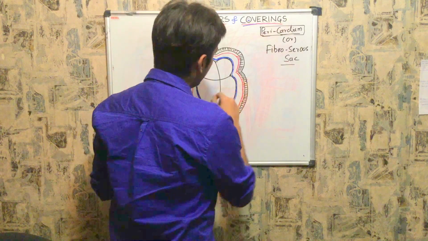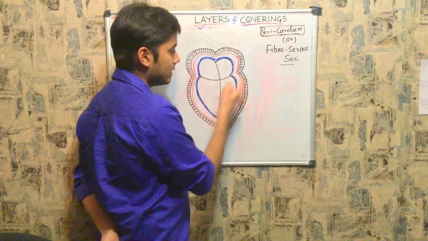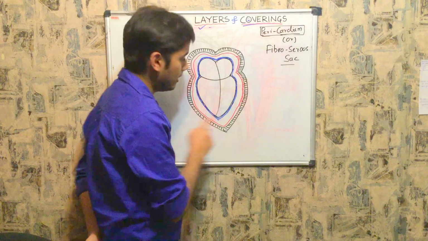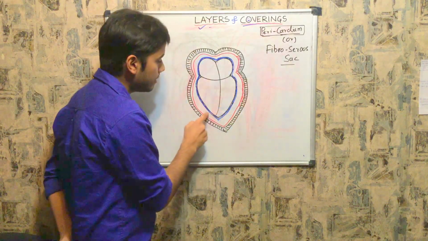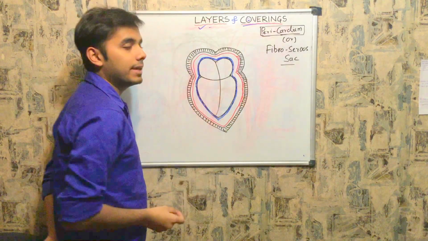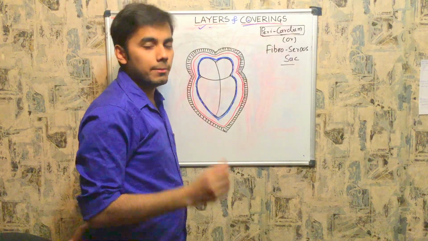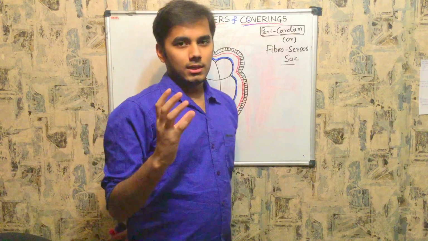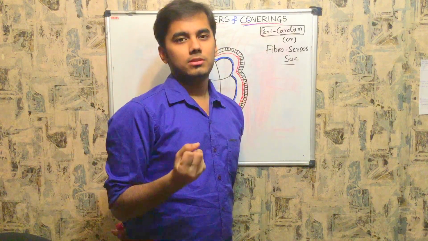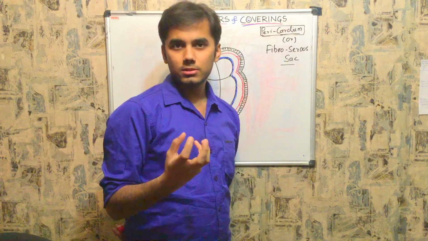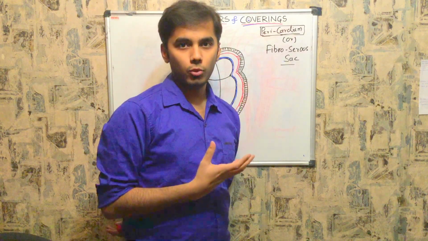Now, in between the red and the blue one, that is in between the parietal as well as the visceral layer, the gap which is present is called the pericardial cavity. The pericardial cavity is nothing but a potential space, which has pericardial fluid.